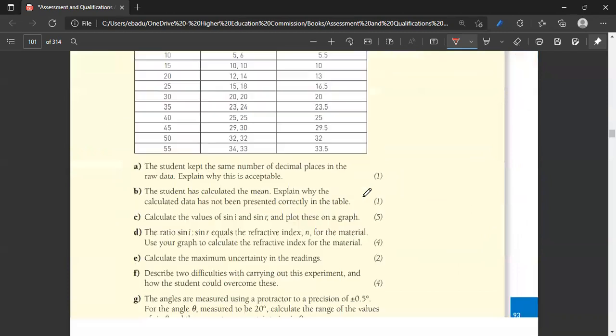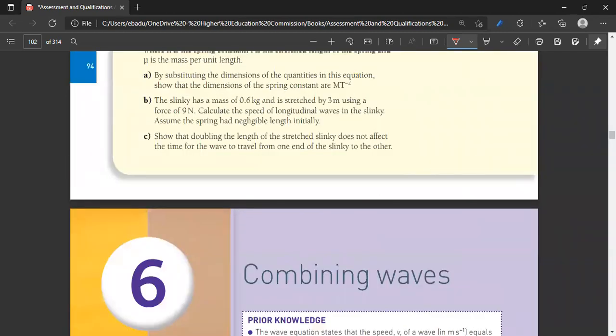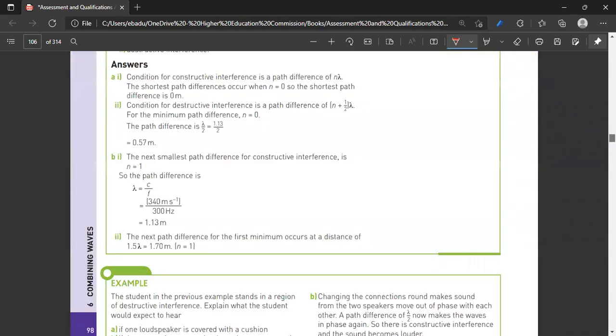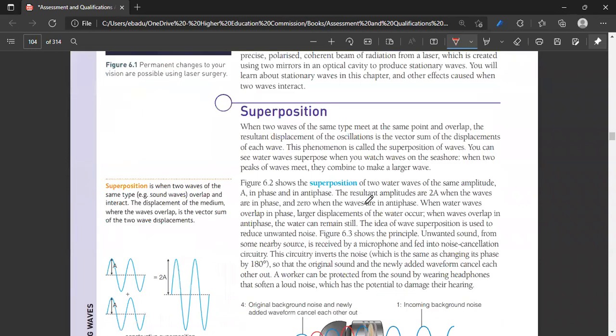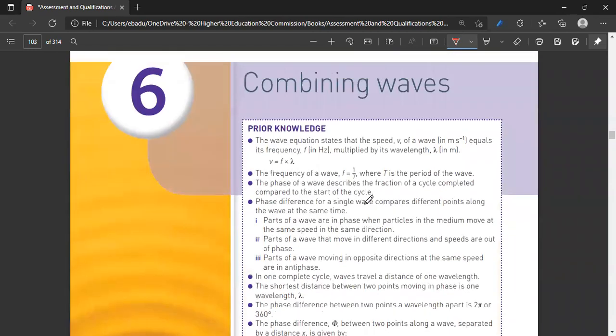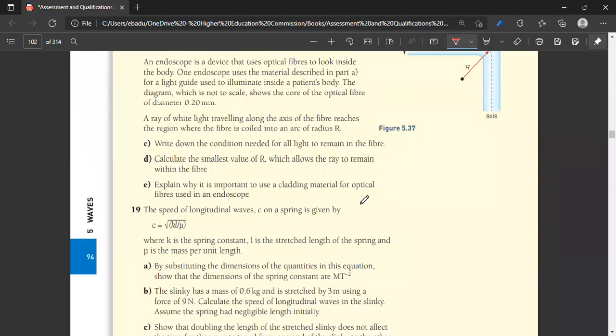I'm going to send you this book, and in the next section I was hoping we could study chapter 6 as well, because this has stationary waves, interference and superposition. This chapter was basically a refresher for your GCSE waves concepts.